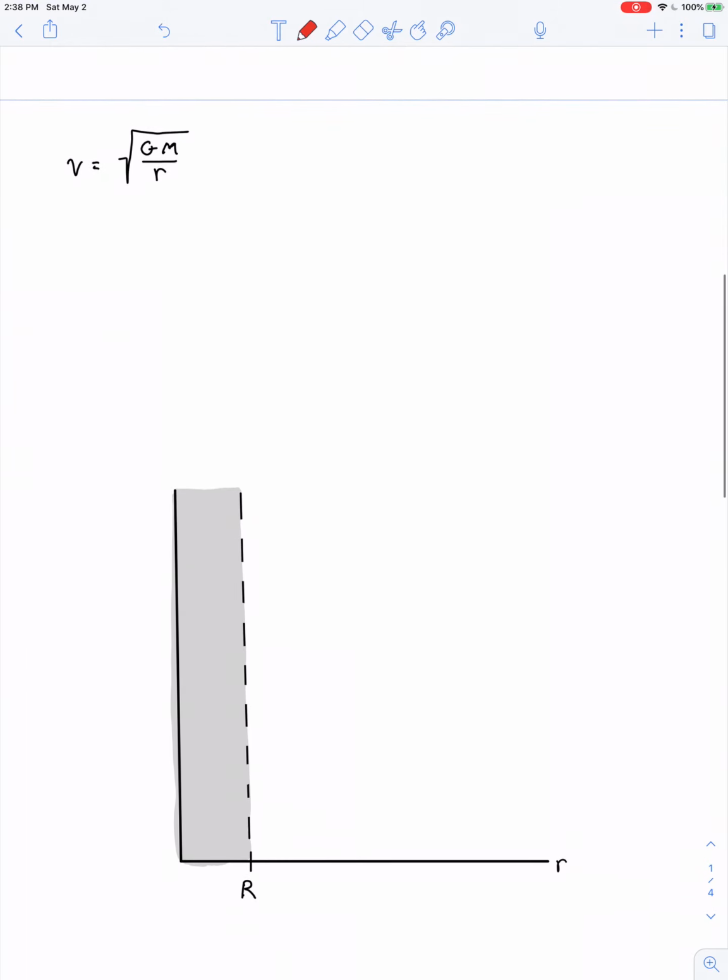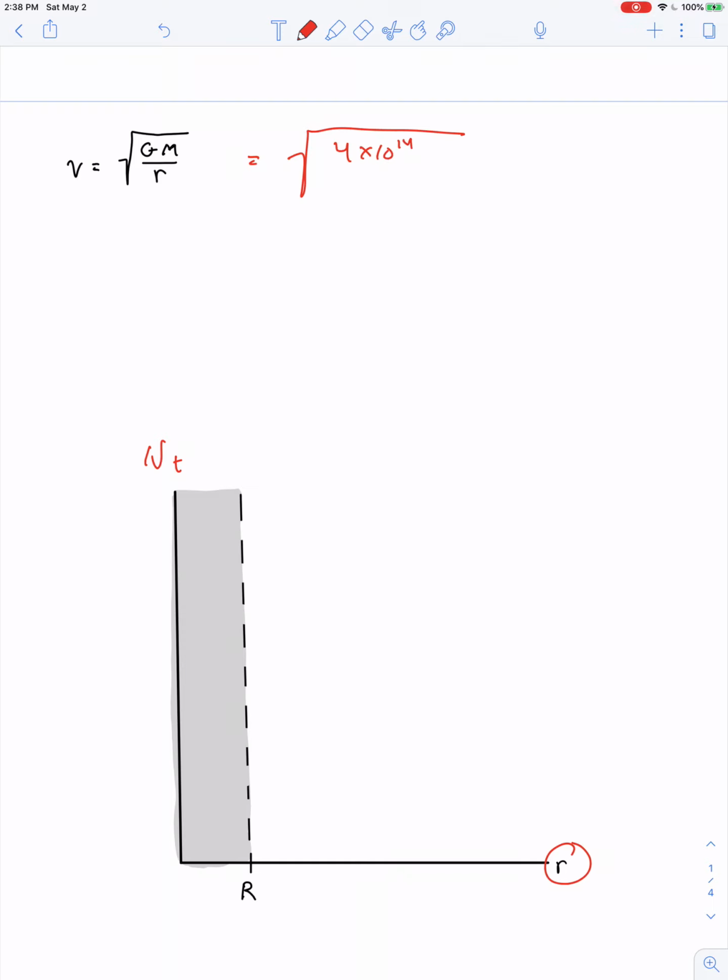What about a graph of velocity, tangential speed, versus orbital radius? So again, we can make the substitution for GM, call it 4 times 10 to the 14th. Then we could also make the substitution, say r is equal to multiples of Earth radius, or in other words, r is equal to 6.4 times 10 to the 6th times x.